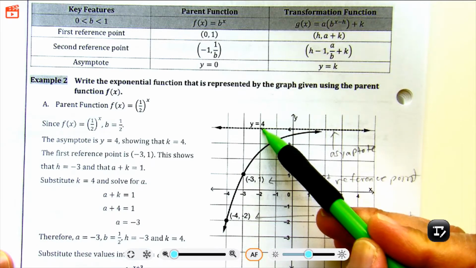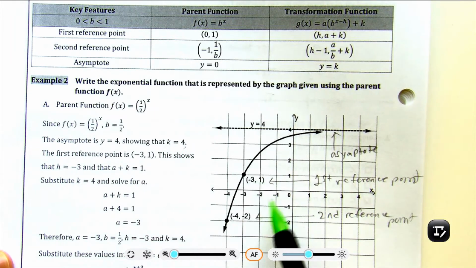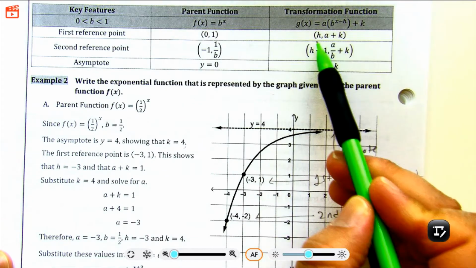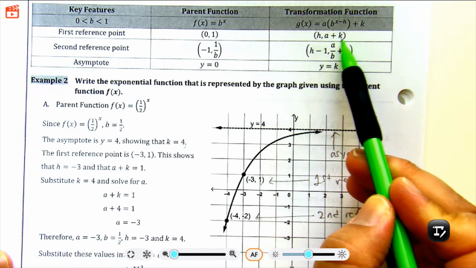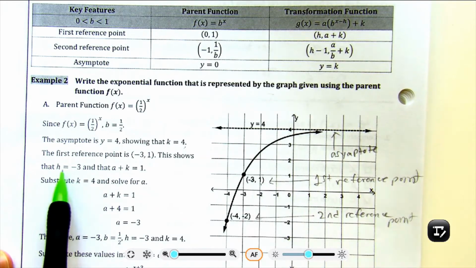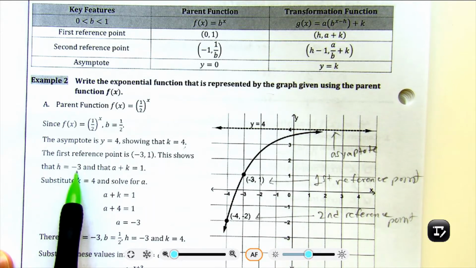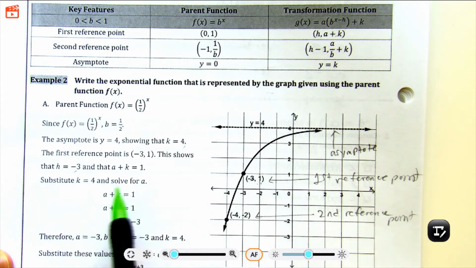My first reference point is -3, 1. If I compare that to my first reference point here, h, comma a plus k, h is -3. H equals -3. And then a plus k is equal to +1. Then we're going to plug in 4 for k to find a.